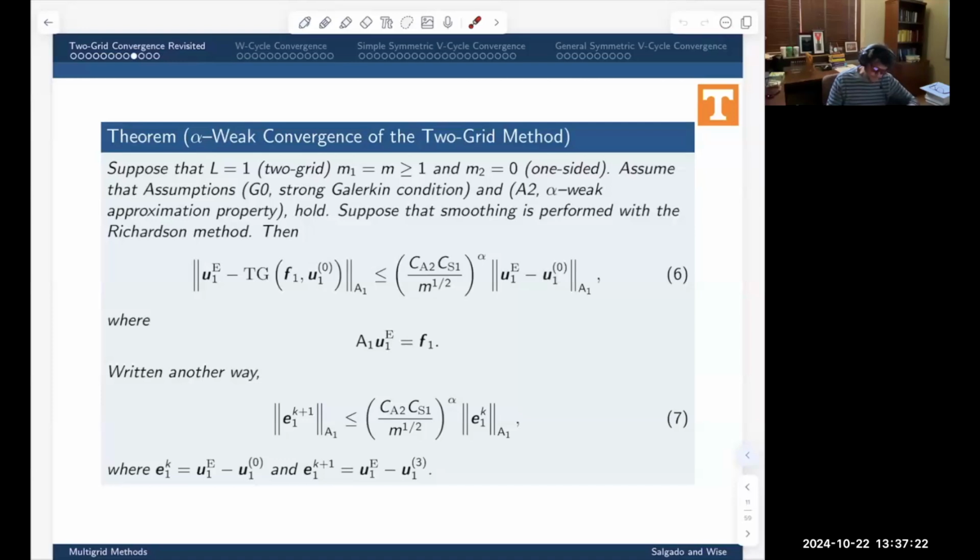All right, so suppose that, what do we have? The strong Galerkin condition holding. Alpha-weak approximation property, that weird interpolated approximation property. And we're going to suppose that smoothing is performed via Richardson's method. So here you might say, well, where's the smoothing property that you're assuming?